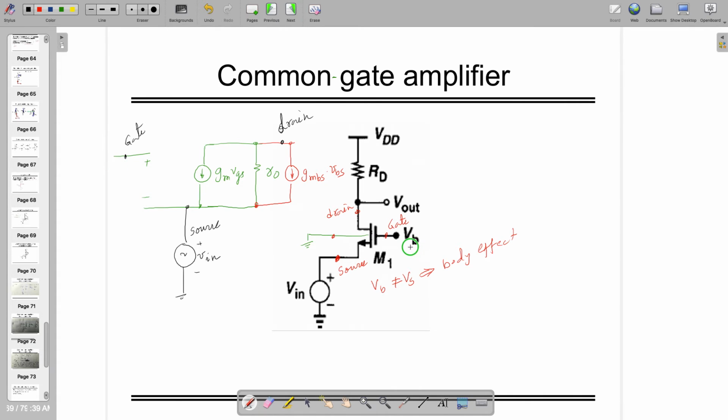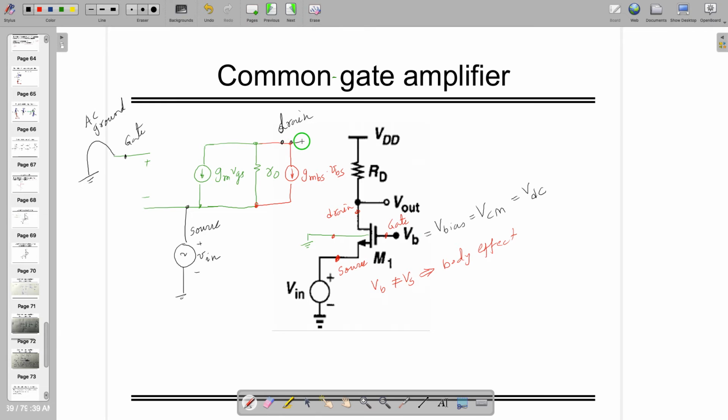In this small signal model, what should I connect to the gate? By the way, this VB is the bias potential. Some people write it as common mode, all are same, or some people write it VDC also. So what should I do? Sorry? Ground. Okay. So it has to be grounded because this is AC ground, right?